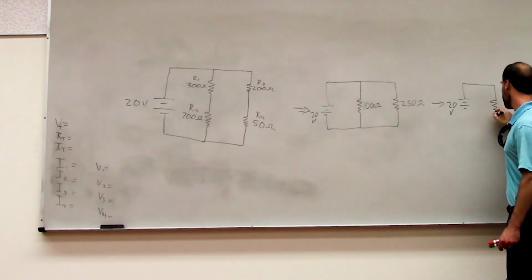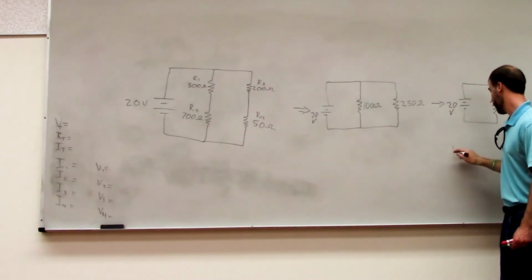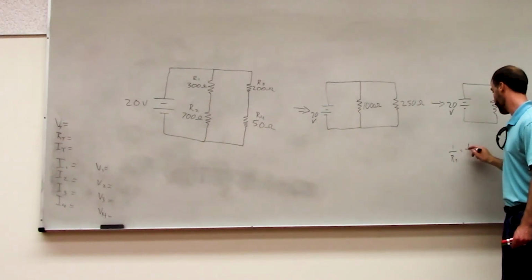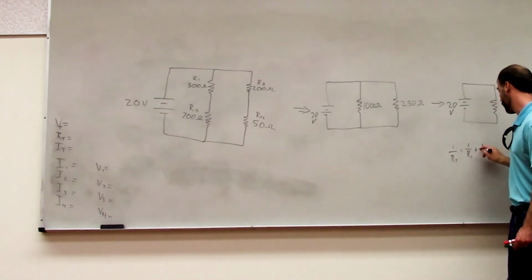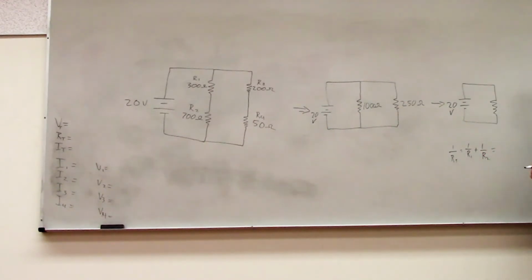So we say 1 over RT equals 1 over R1 plus 1 over R2. So when you plug that into your calculator, what resistance do you get? 200 ohms. Cool. So we can say that this circuit has an equivalent resistance of 200 ohms, right?